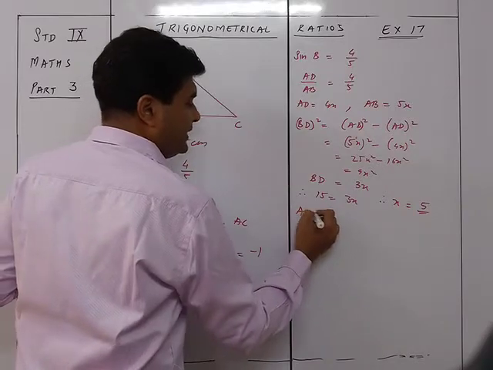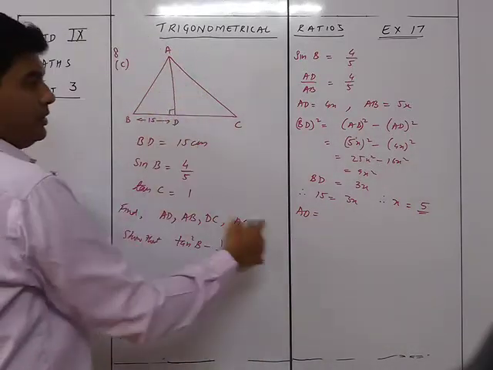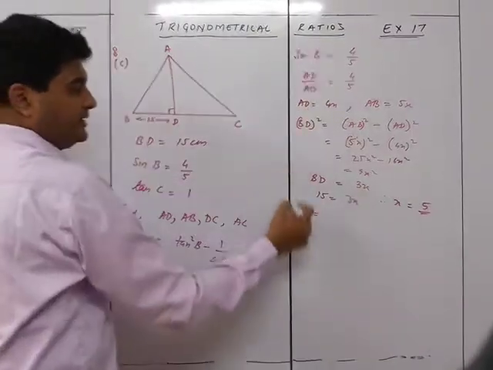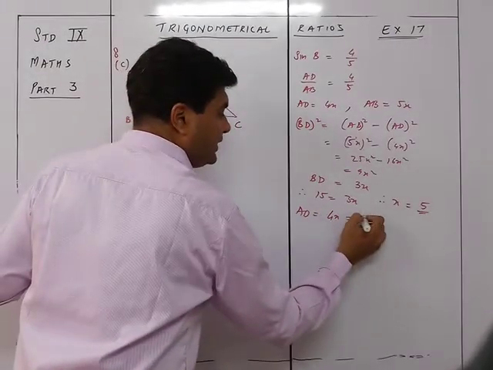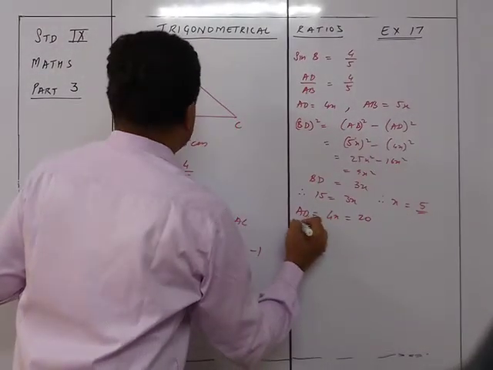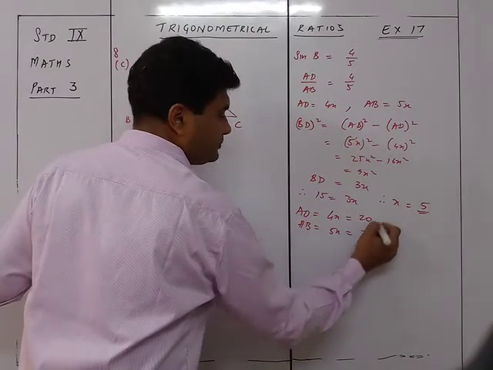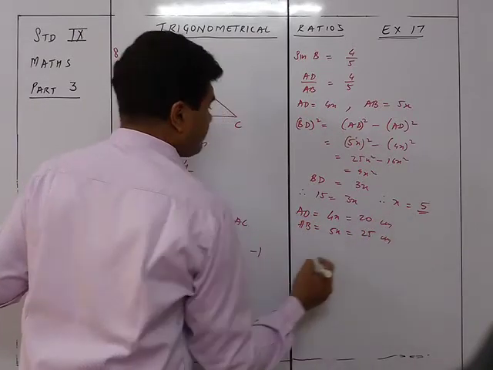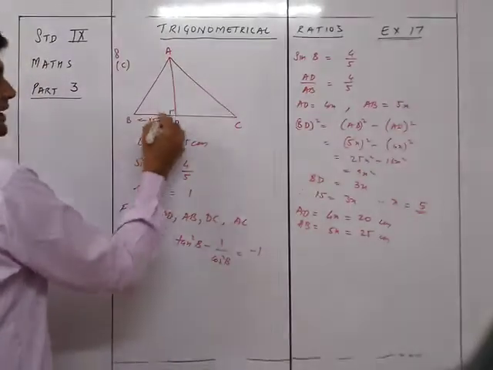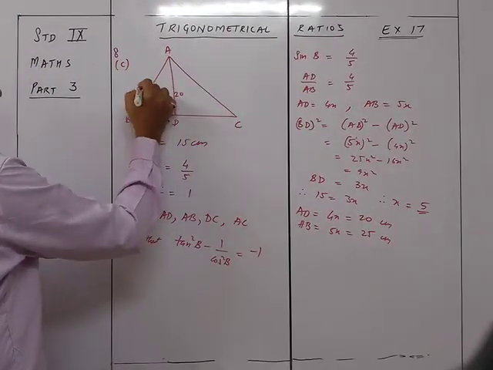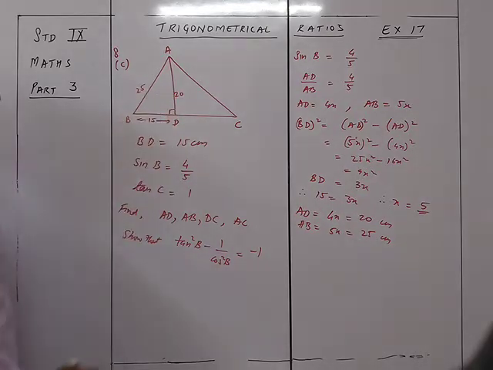Therefore AD is nothing but 4x. So 4x is equal to 20. AB is equal to 5x is equal to 25. Okay, so here we know that AD is 20, this is 25, right?